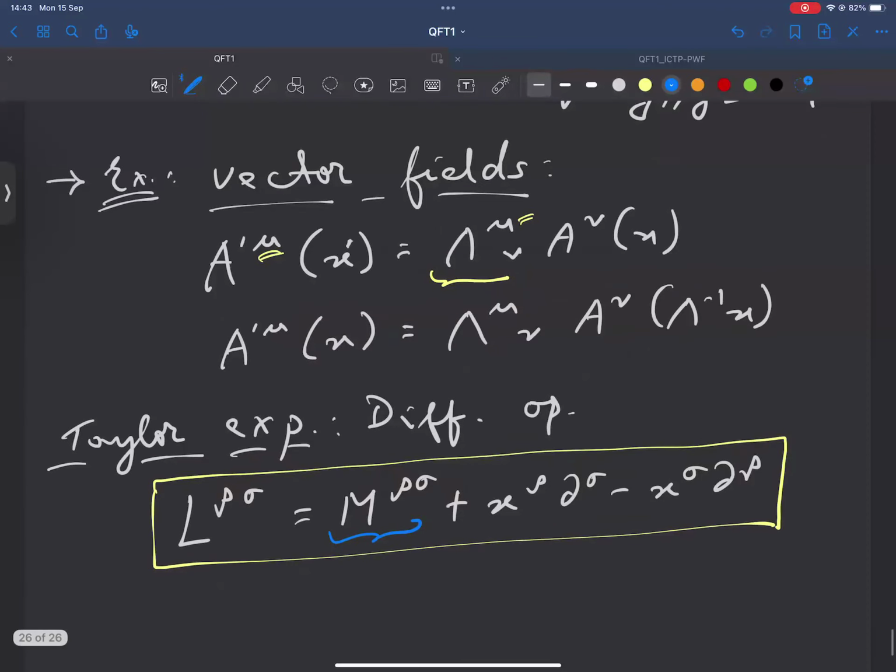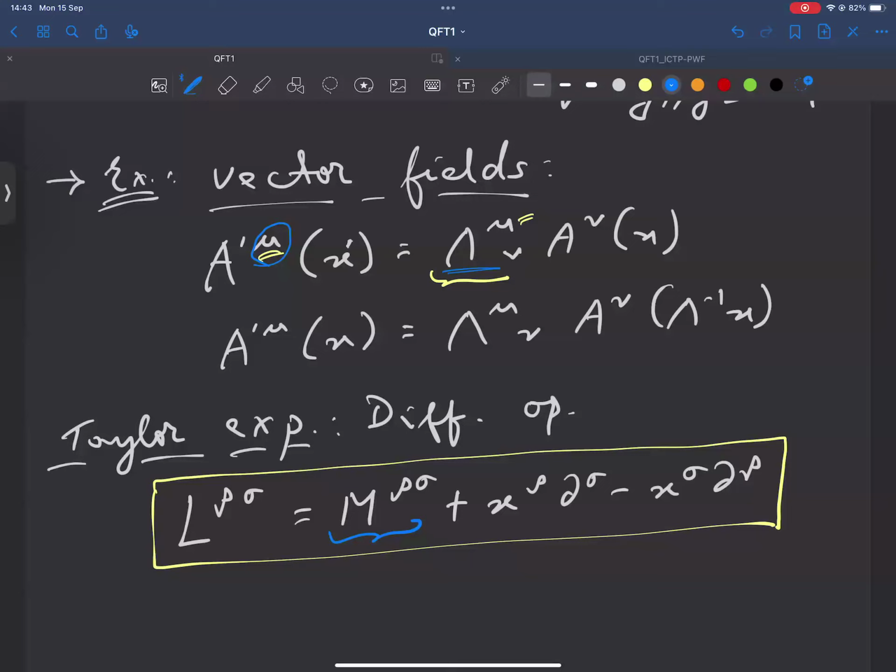And the reason is, a vector field has an extra index mu, which is like a 4 vector index. So that will have its own Lorentz transformation, but a Lorentz transformation that acts on the coordinate vectors, that kind of a Lorentz transformation.